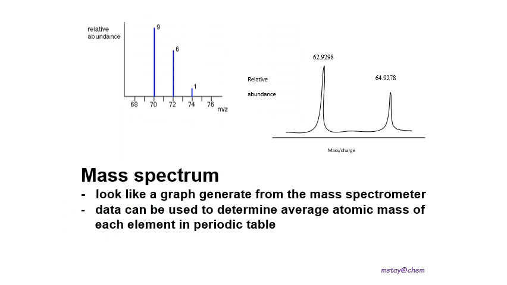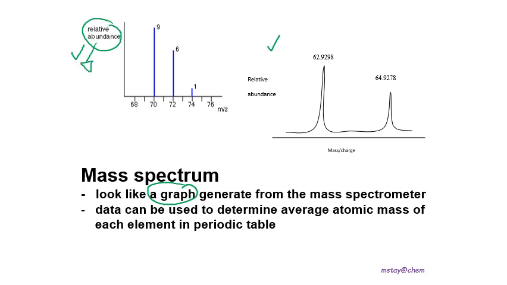These are examples of the mass spectrum. So what is a mass spectrum? The mass spectrum is displayed on the monitor, and basically it looks like a graph, where the y-axis represents the relative abundance.